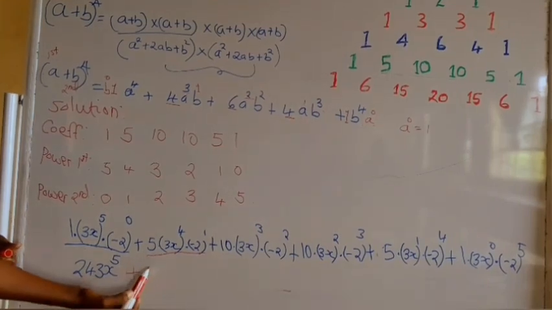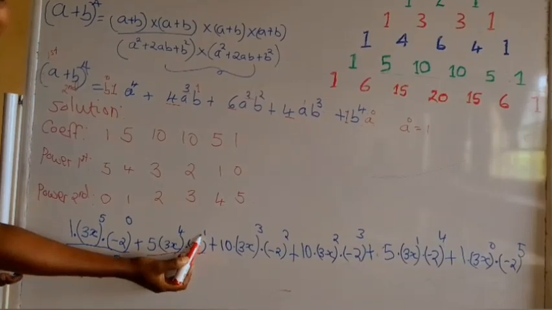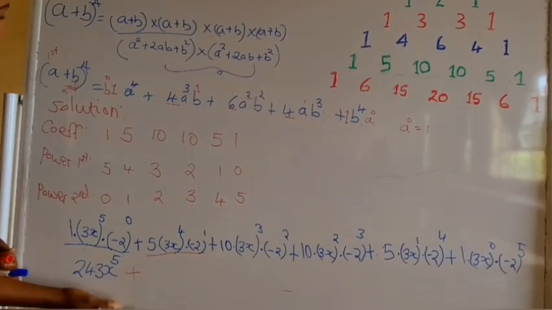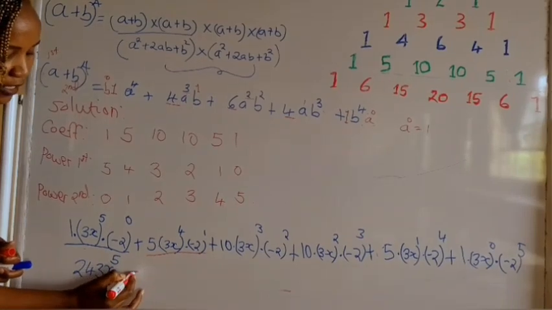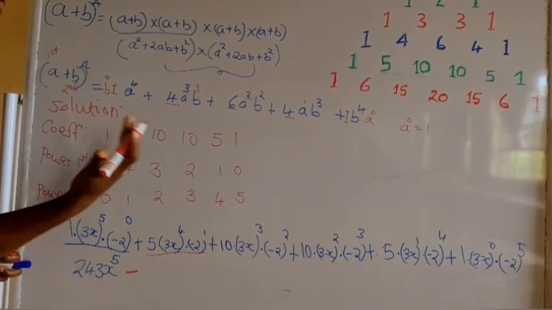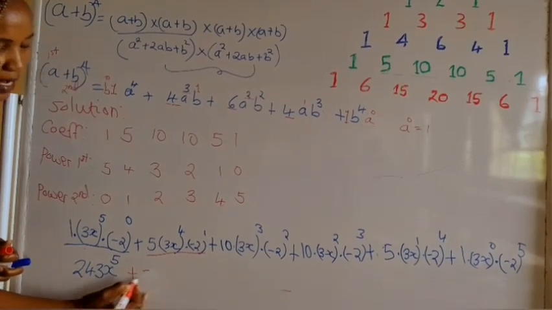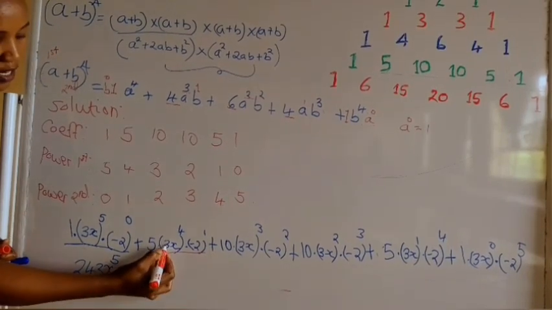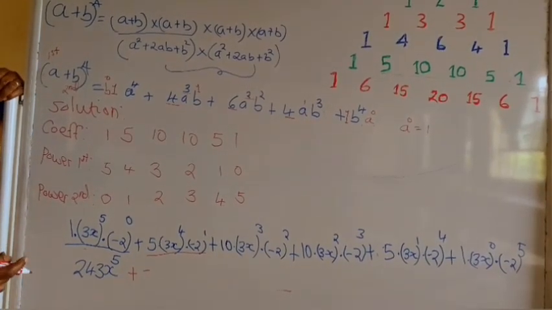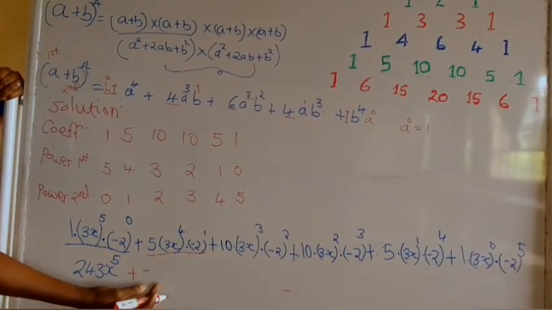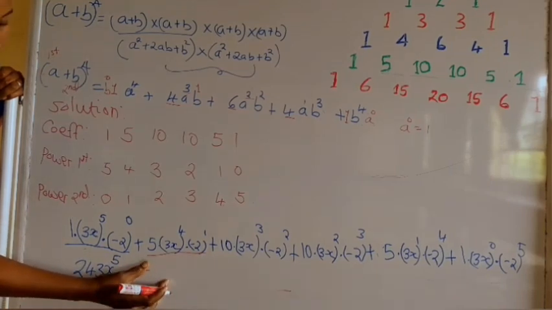The reason as to why we have a negative value is because the power of negative 2 is an odd number, and therefore the whole stuff in this term shall become negative and not positive. Or if you like it for your better understanding, you can have plus, then now minus 3 power 4. So the overall, we have the negative just from the negative 2. So that is why we have negative here.